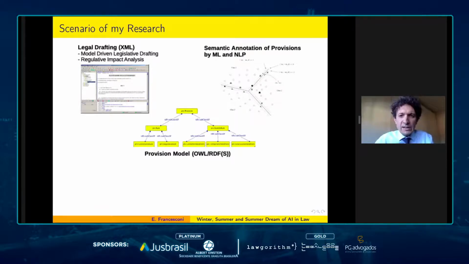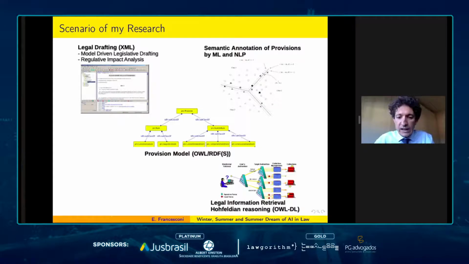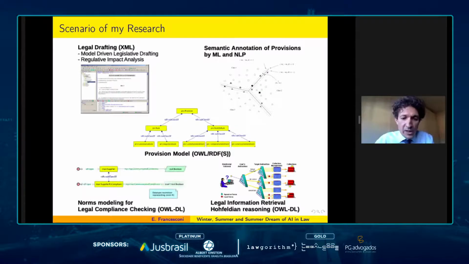We have used such a model for semantic annotation of provisions by machine learning and natural language processing, so basically for extracting knowledge from legal text, to develop legal information retrieval services, implementing, for example, Hohfeldian reasoning within a description logic framework. And more recently, the description of norms has been used for legal compliance checking, still in a description logic framework, a decidable framework.